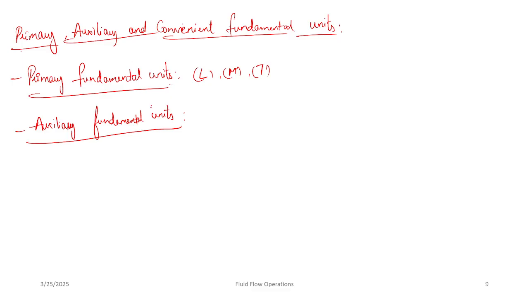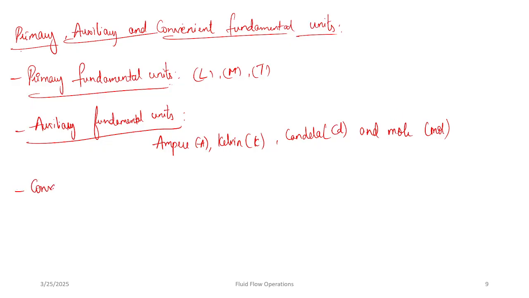So all these are considered as auxiliary fundamental units, which can only be used in those particular cases. These auxiliary fundamental units include ampere, Kelvin, which is given by K, candela, and mole. And then we have convenient fundamental units.